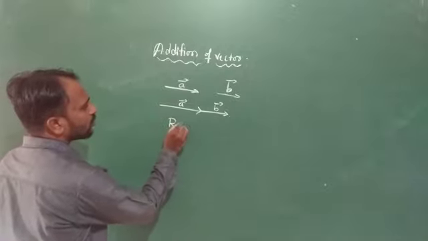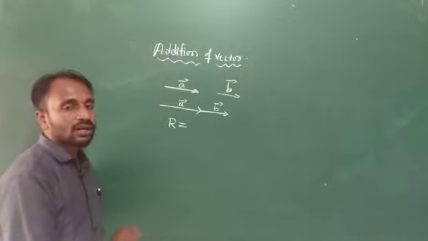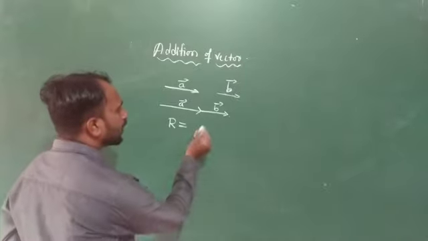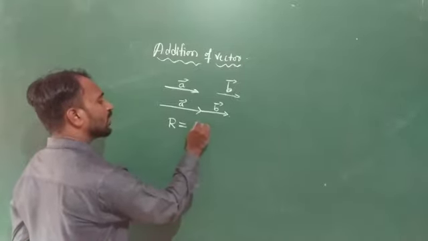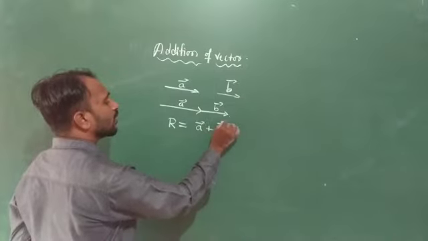Addition of these two vectors finally gives R, the resultant vector. The resultant vector is equal to vector A plus vector B.